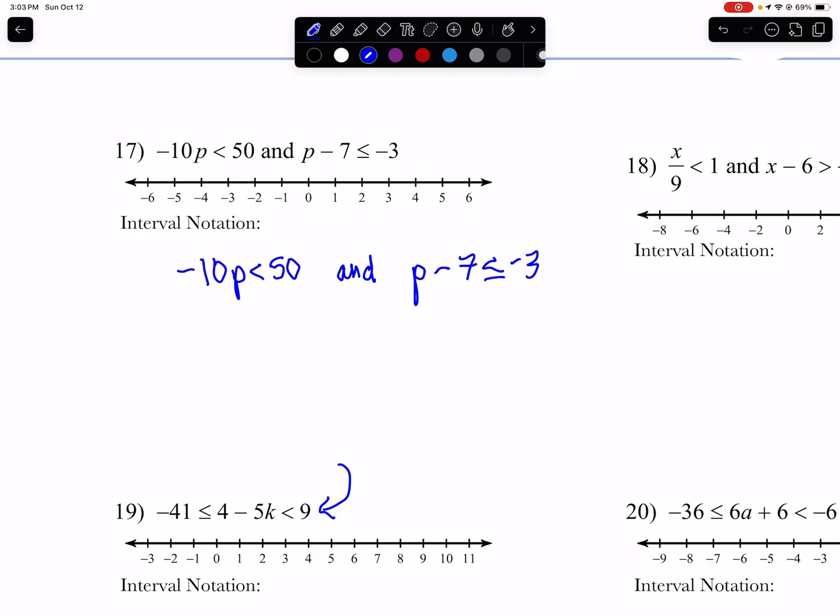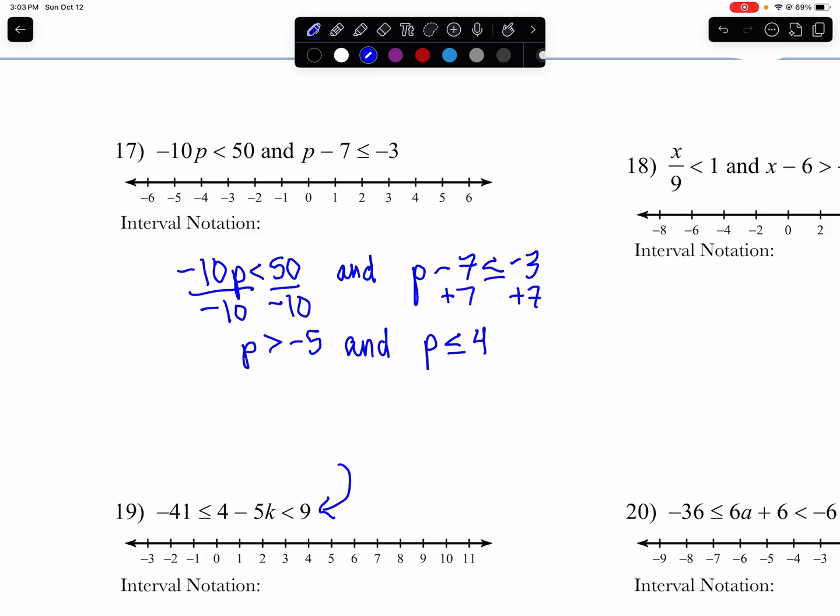So I want to go ahead and divide by -10 and add 7. And I think that will solve for p. So I have to flip my sign. 50 divided by -10. Okay. And then I'm going to just add 7 to -3.